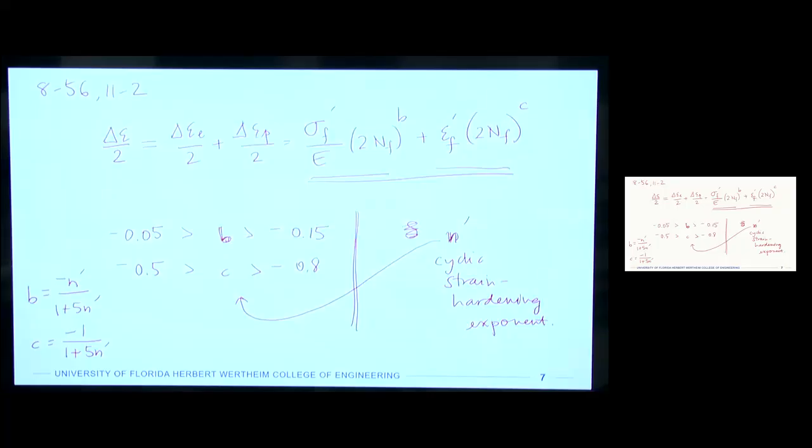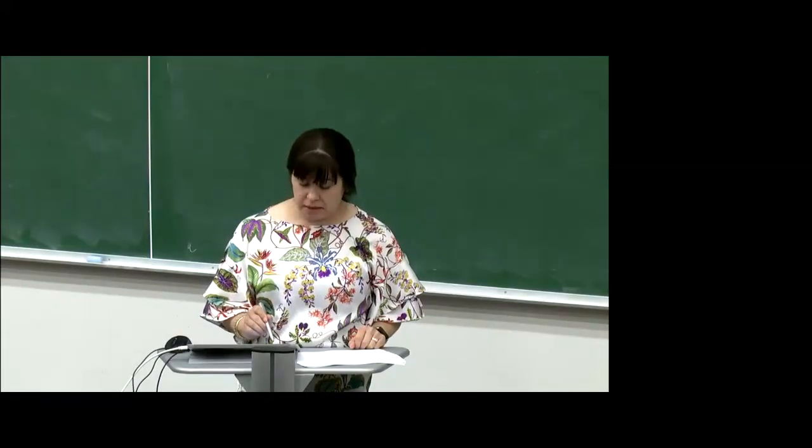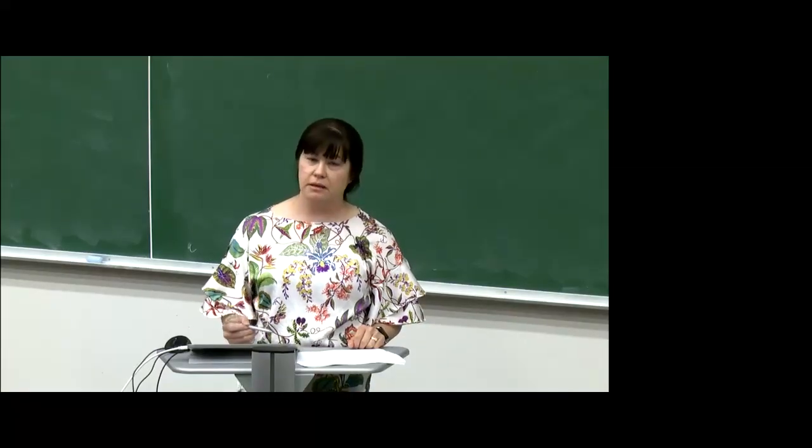So if we have this cyclic strain hardening exponent from unidirectional tensile testing, then we can put it in here, and if we prescribe a specific strain magnitude, then we can partition that out into elastic and plastic.